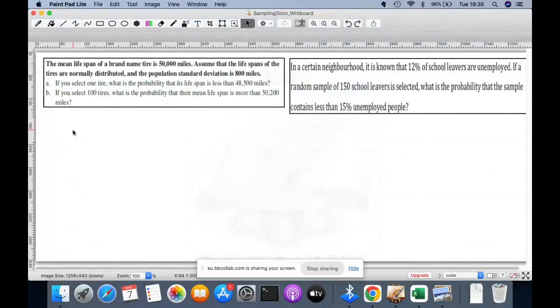So this is the next learning unit, I believe learning unit 7, and this is sampling distributions. Just ignore the two blocks I have at the top and the text. I'm going to give you some context into what this learning unit is about.